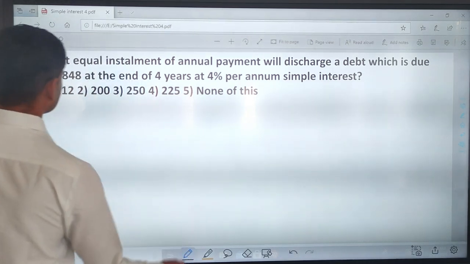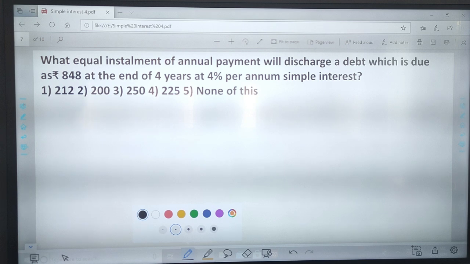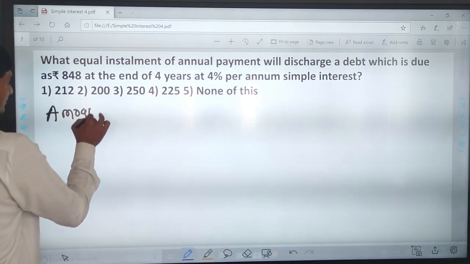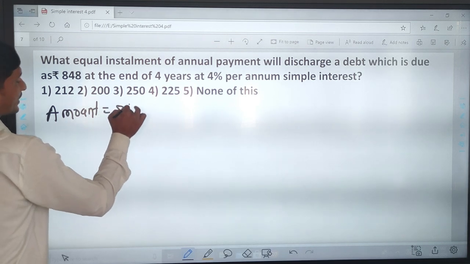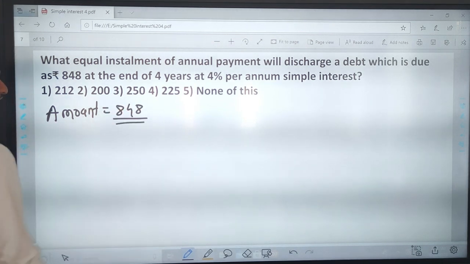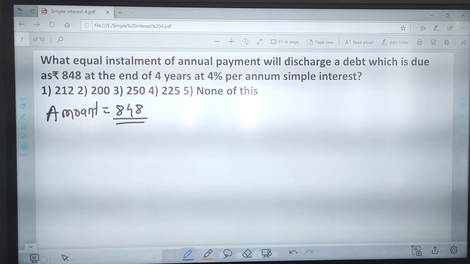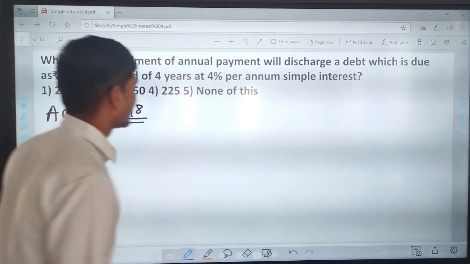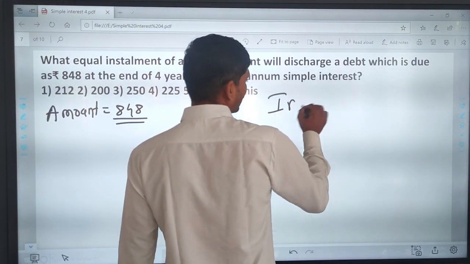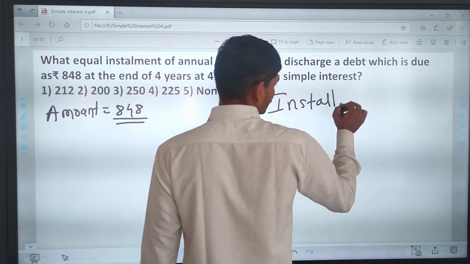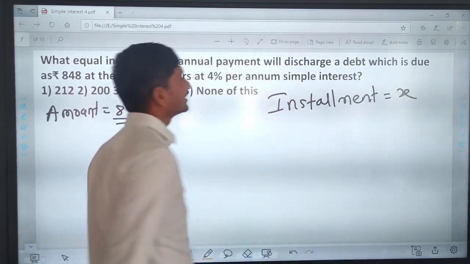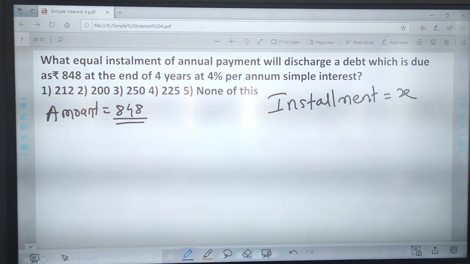Here the total amount paid, your amount, is 848. Now here we have 4 installments. Your installment is x.